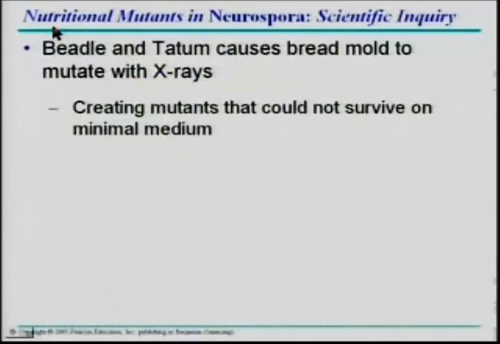Later studies examined the nutritional mutants in Neurospora, and the scientific inquiry was performed by Beadle and Tatum, looking at what causes bread mold to mutate with X-rays, creating mutants that could not survive on minimal media.